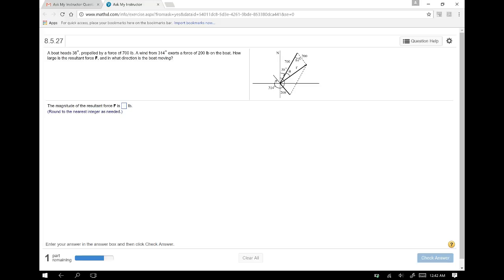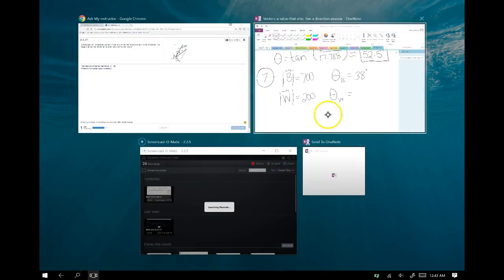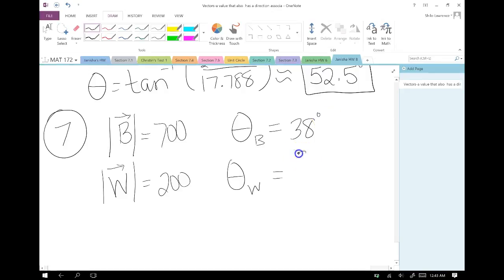So if it's coming from 314, the exact opposite direction on the other side of the graph is where it's going to. So the exact opposite side of the graph would be exactly 180 degrees away. So you're going to want to subtract 180 degrees from 314, and that's what you're going to use for your wind direction.